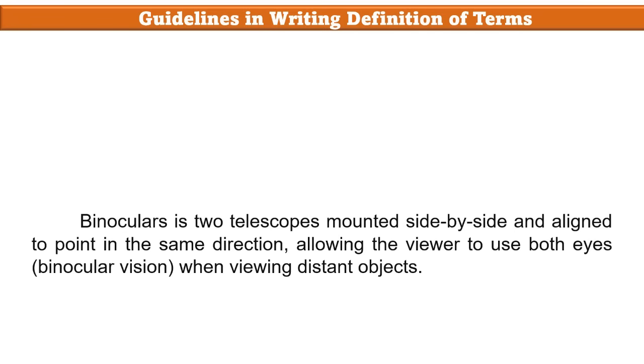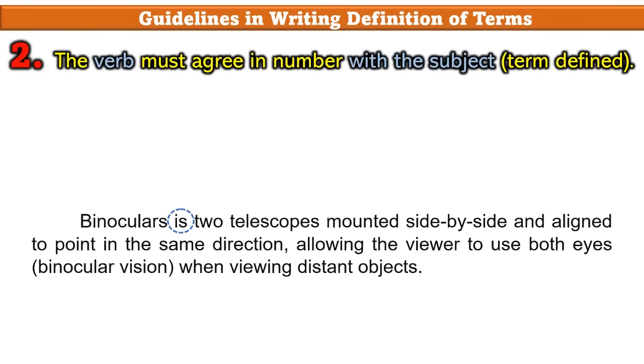Next definition. Binoculars is 2 telescopes mounted side by side and aligned to point in the same direction, allowing the viewer to use both eyes when viewing distant objects. The word that makes this definition incorrect is still the verb. Pero bakit? Di ba nasa present tense naman?